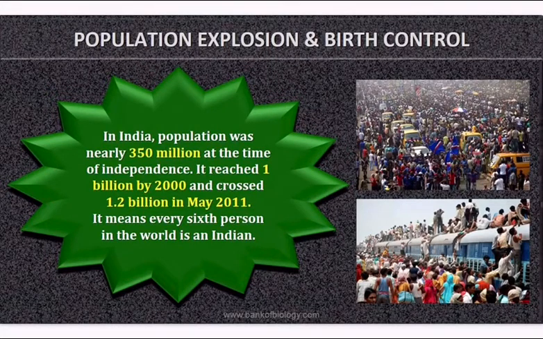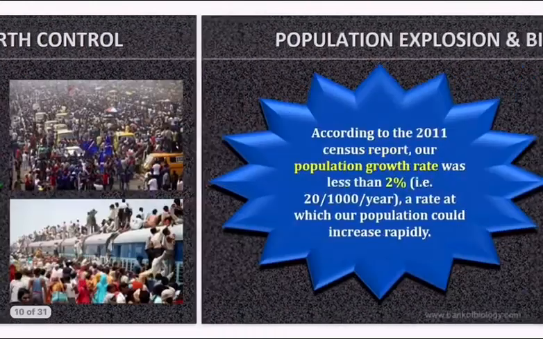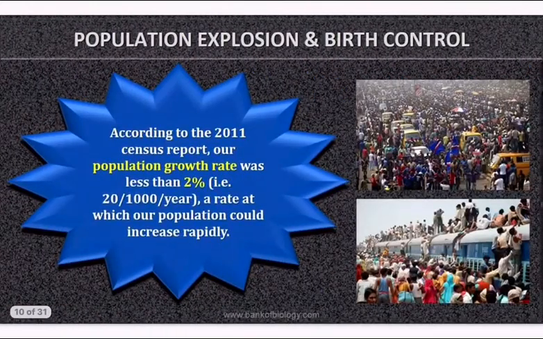And in India, population was nearly 350 million at the time of independence, 1947, when we got the freedom. And that freedom which we got has made us perhaps 1 billion by 2000 and crossed 1.2 billion in May 2011. Of course, as of today, 2021, it is 1.3. So it means every 6th person in the world is an Indian.